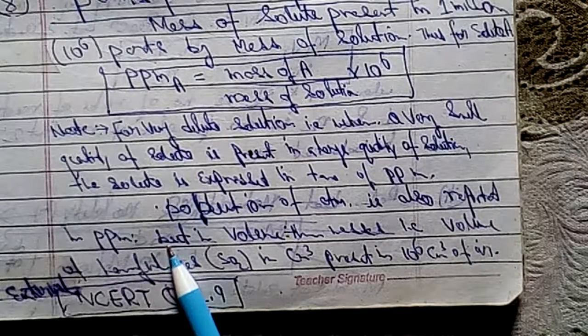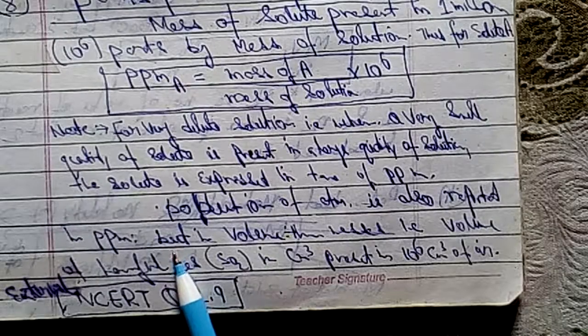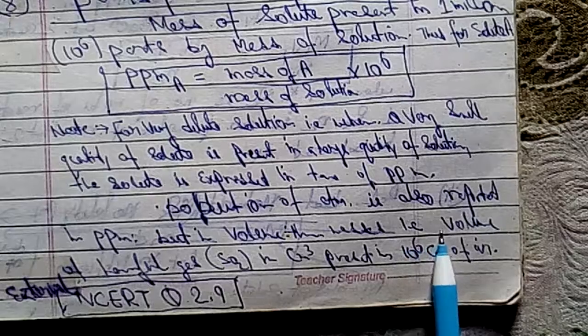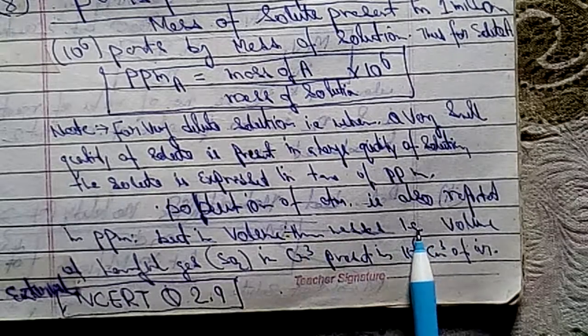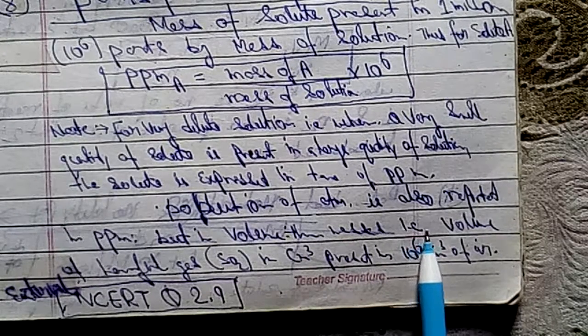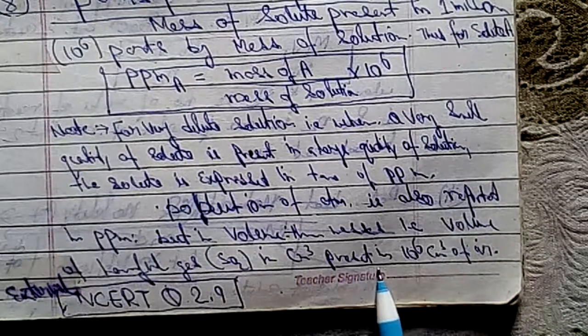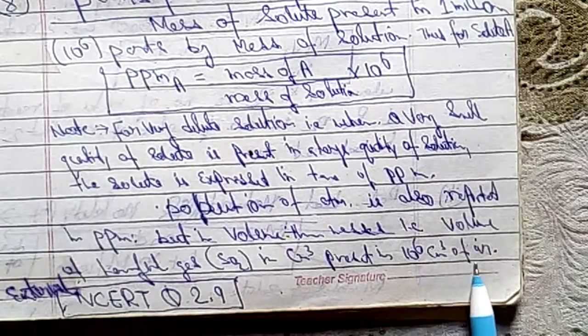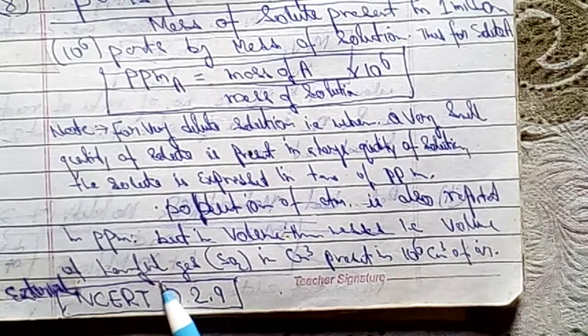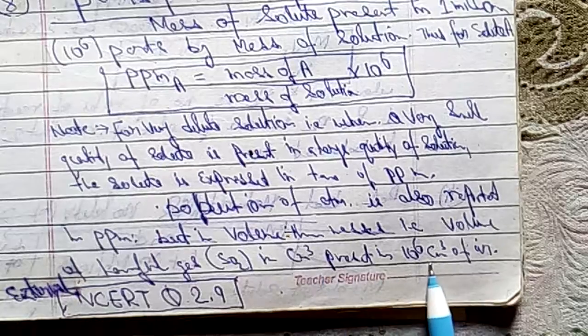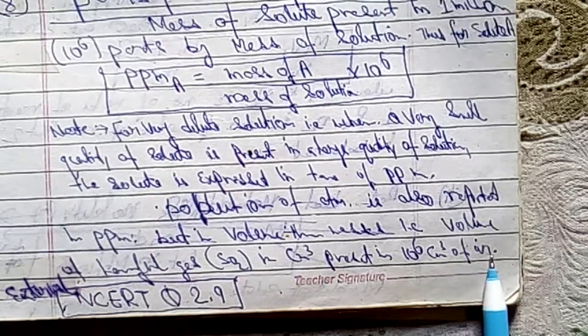How much of the harmful gas components are present in air is calculated in ppm. For gases we calculate in terms of volume: the volume of harmful gases such as SO2 in cubic centimeters present in 10 to the power 6 cubic centimeters of air.